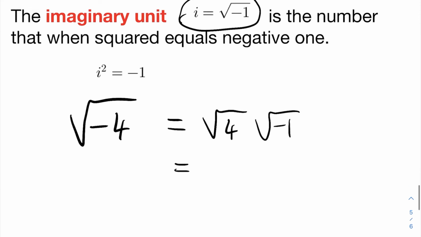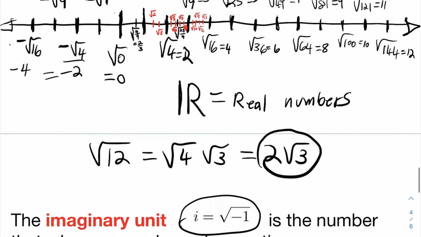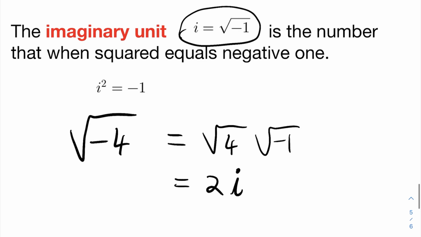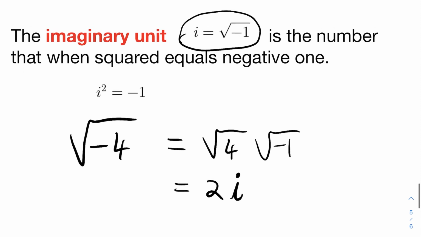And the square root of 4 is 2, and the square root of negative 1 is i. And it turns out that the square root of negative 4 is the number 2i. The number 2i won't fit on the real number line. You can't put the number 2i on the real number line here because it's an imaginary number.